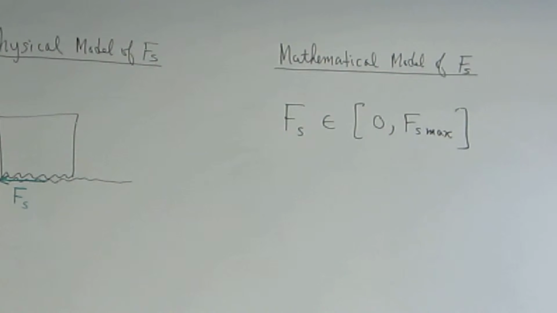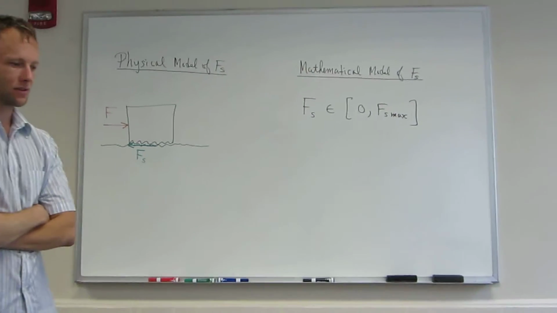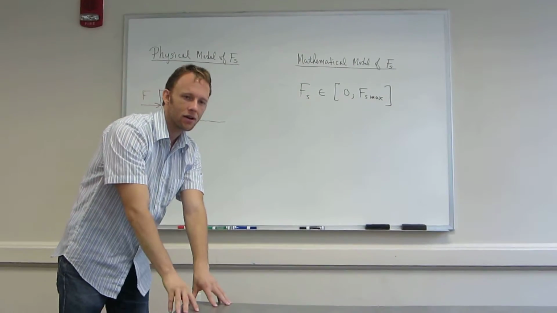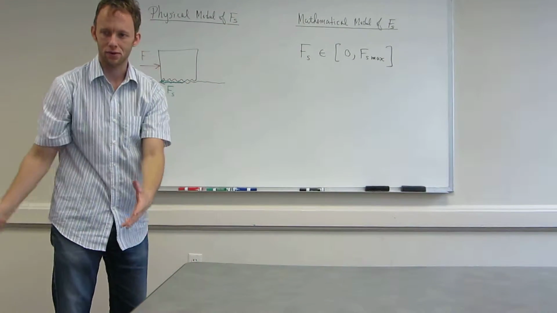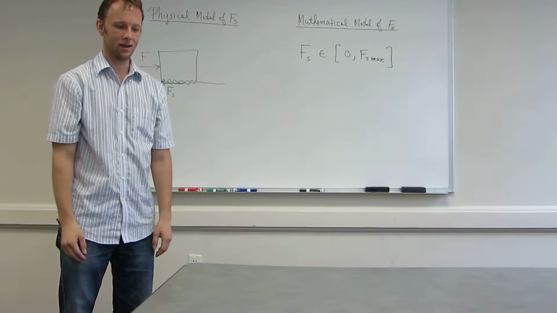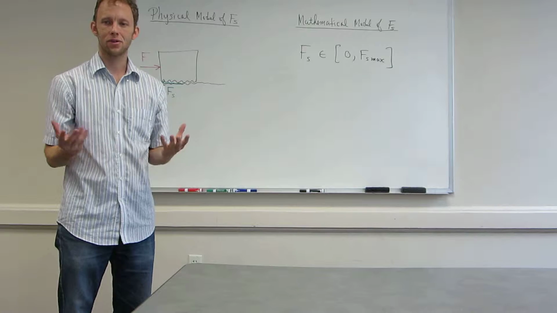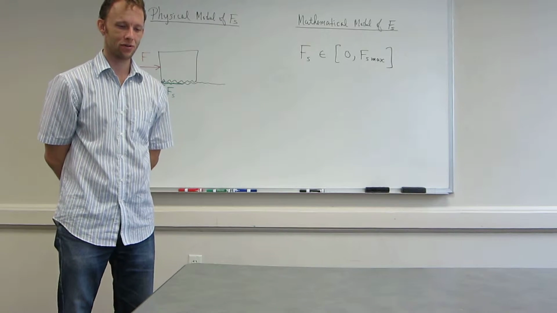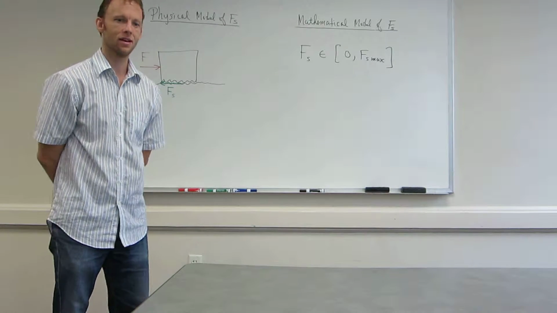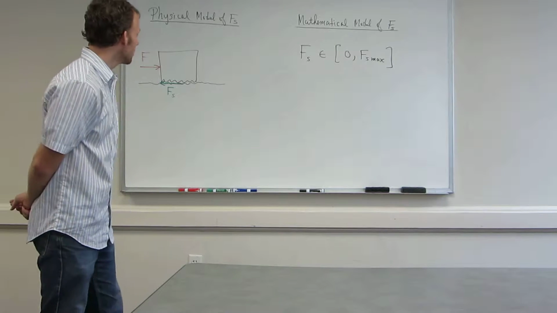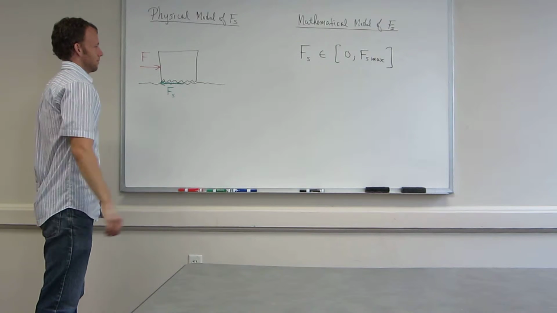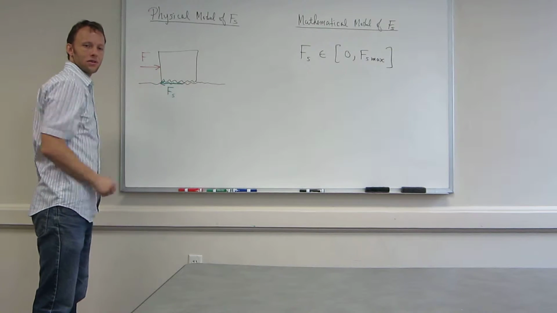So, for instance, suppose we change the surface that we're trying to slide the table across from ice to asphalt. We can intuit that the force required to slide the box or the table across the asphalt surface would be harder or larger than the force required to slide it across the ice surface. And the reason for that, we can look at our picture over here to sort of infer.